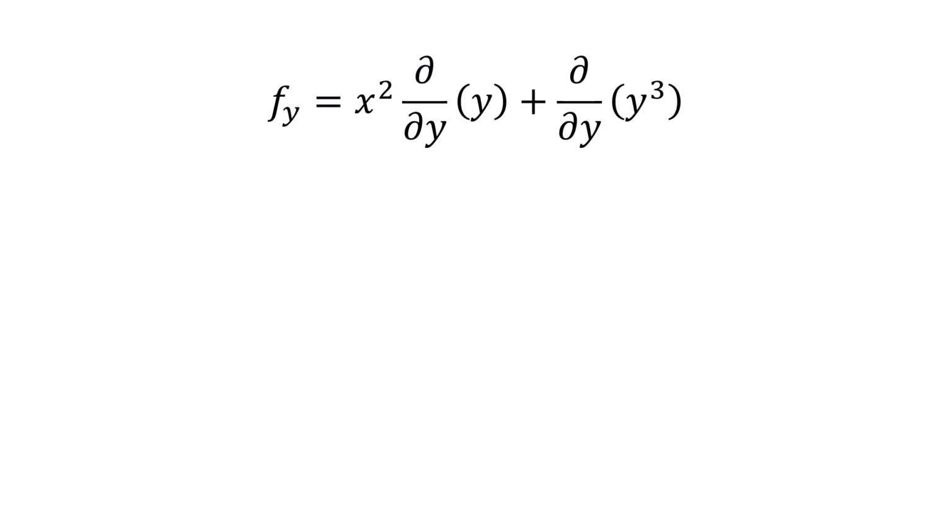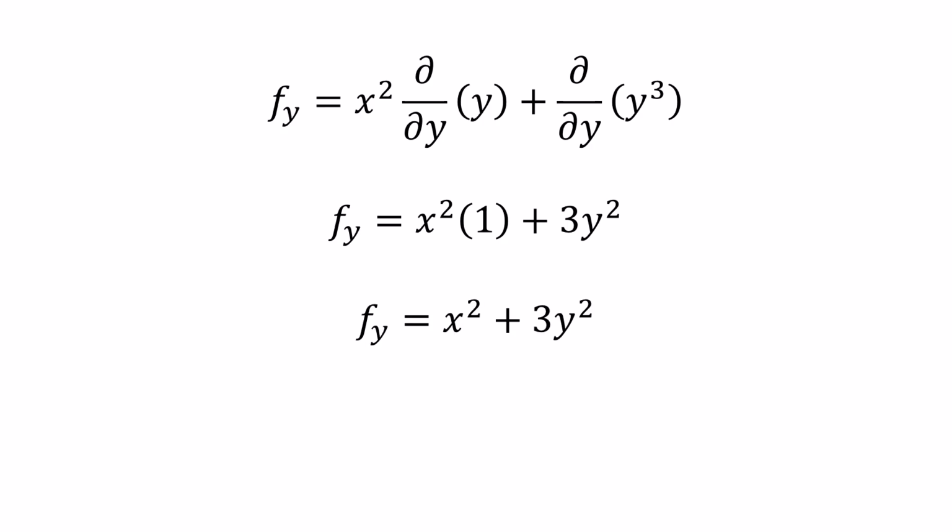Differentiating, we obtain f sub y equals x squared times 1 plus 3y squared. Multiplying, we find that the first order derivative is f sub y equals x squared plus 3y squared.